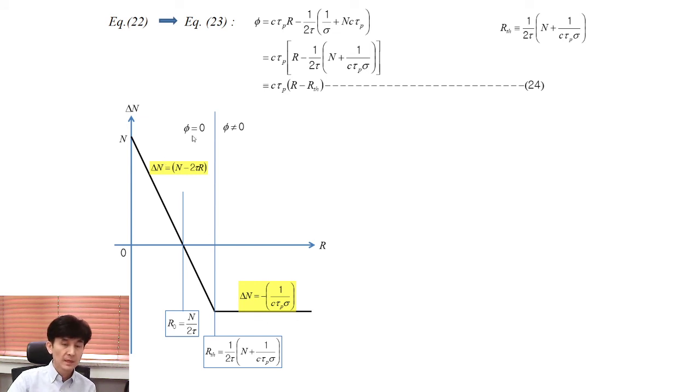So there is a threshold where phi is equal to 0 and keeps increasing with the pumping rate. And when there exists a non-zero photon number inside the cavity, even though we increase the pumping rate, the population inversion does not change. That's what it is.